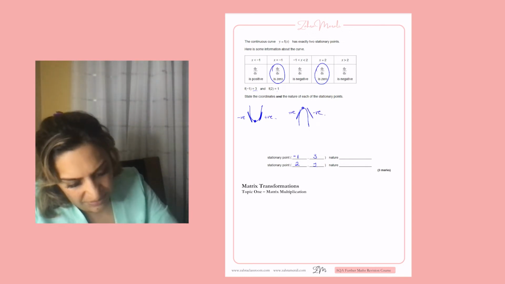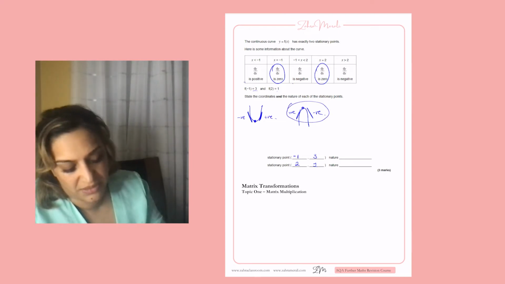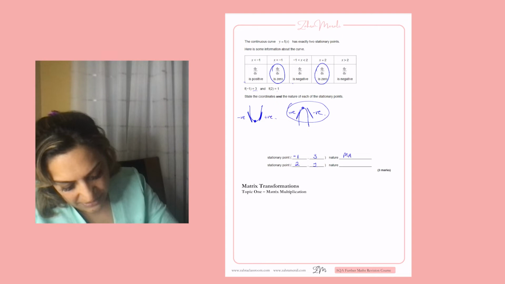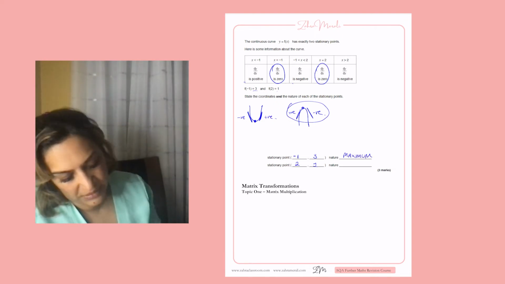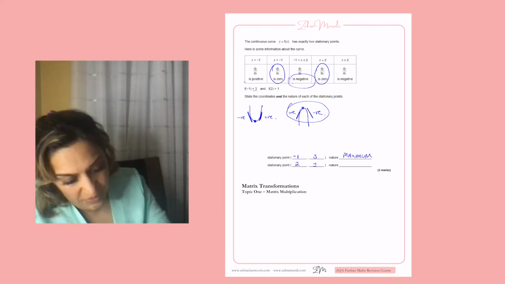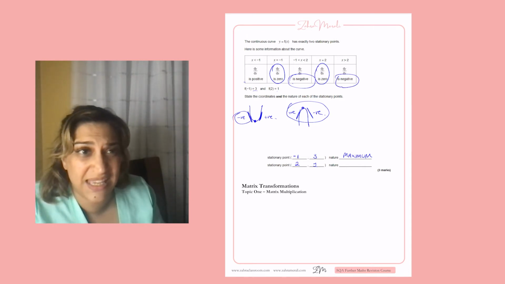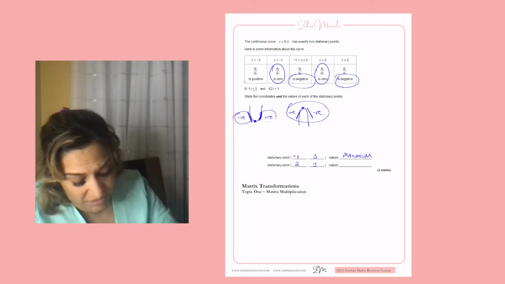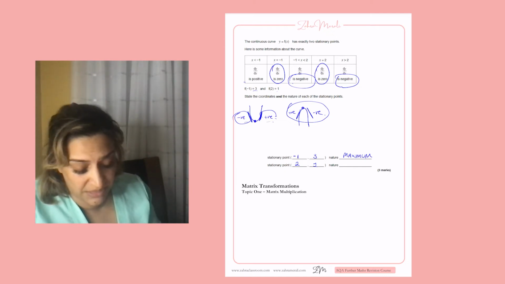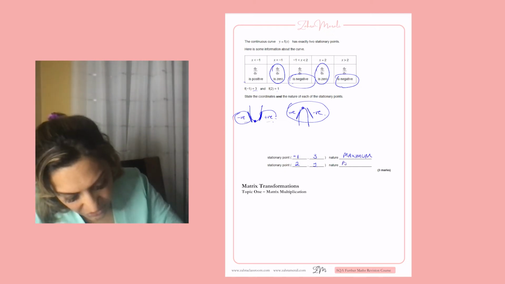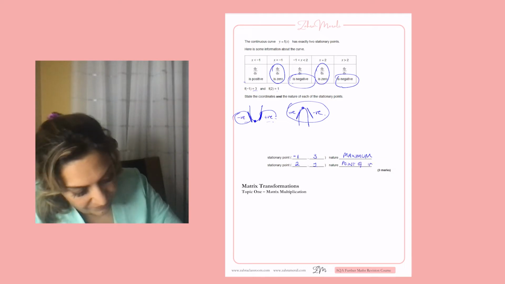So if we take that -1, before is positive, after is negative, so it must be a maximum. For the 2, before is negative, and after in this case is not either of these, so it's not a minimum. So it must be that point of inflection.